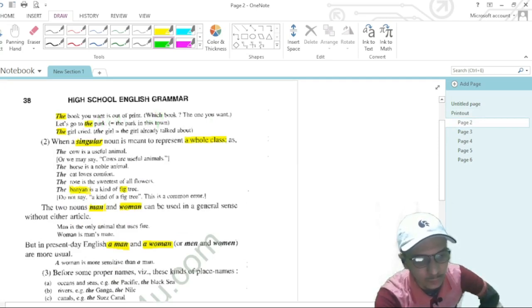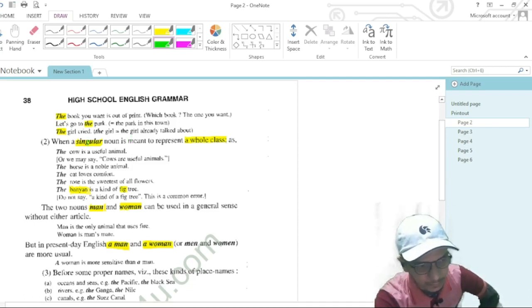The book, which book? Let's go to the park. The girl cried. The girl already talked about. When we talk about a particular person or thing, we use the definite article the.